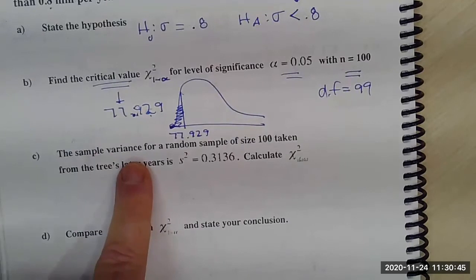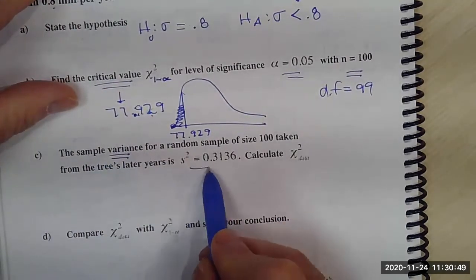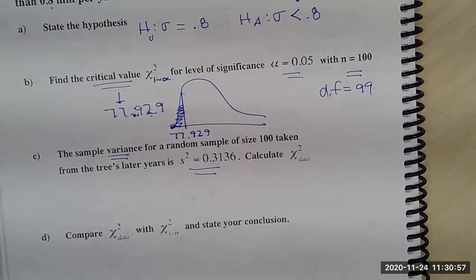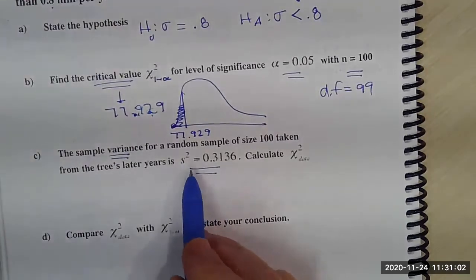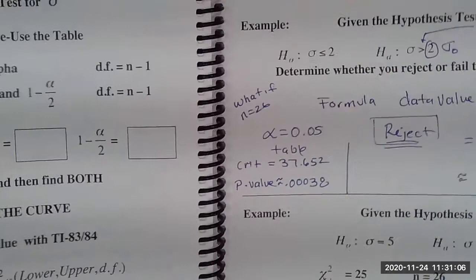Now, it says the sample variance. That's the variance, not the standard deviation. If you wanted the standard deviation, you take the square root of it. But I'm going to keep it right there. Look at the formula for a second.